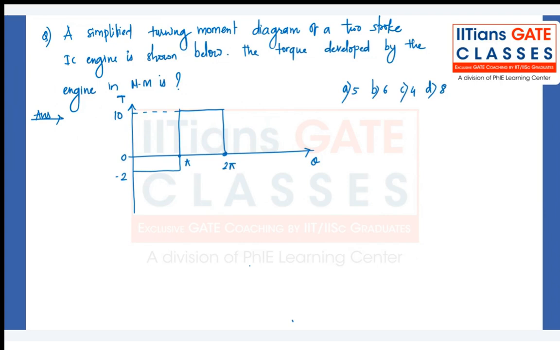So the net work done per cycle is equal to 10 pi minus 2 pi, that is equal to 8 pi. The expectation here is the mean torque.